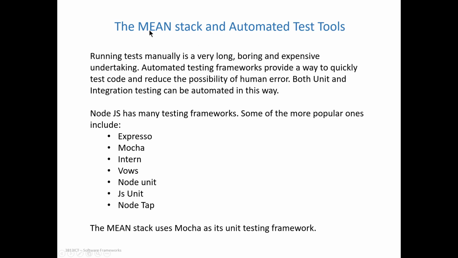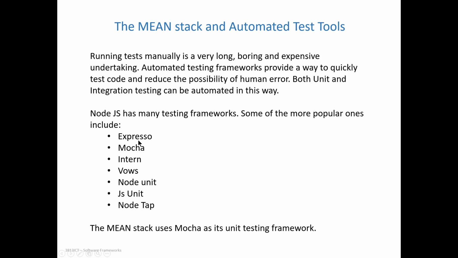So the MEAN stack, which is what we're working from, which is Mongo, Express, Angular, and Node, has automated test tools. Running tests manually is a very long, boring, and expensive process. So automating these tests using testing frameworks provides a way to quickly test our code and reduce the possibility of human error. Node.js has many testing frameworks.